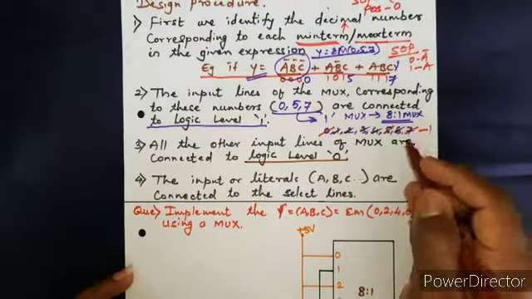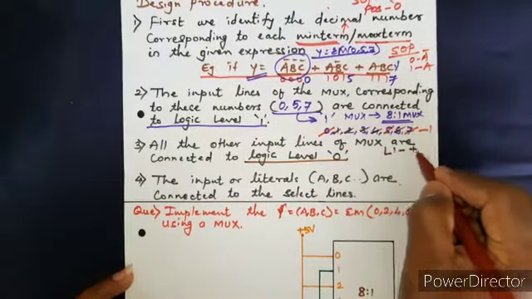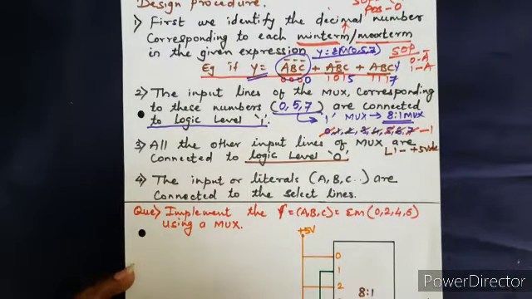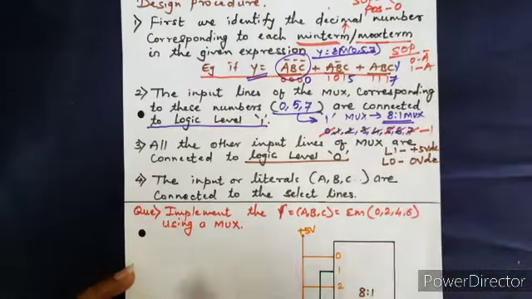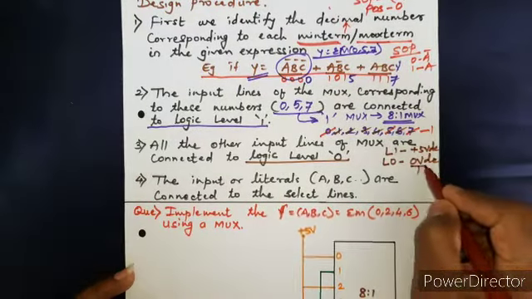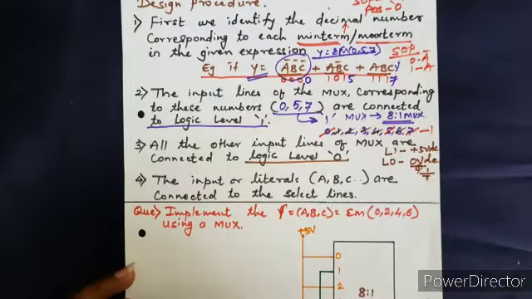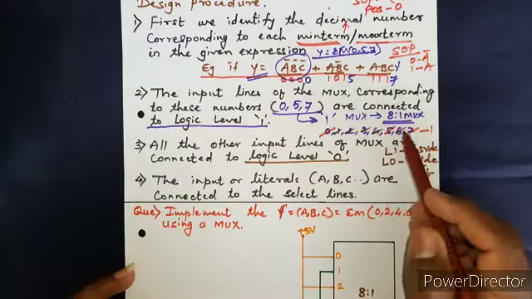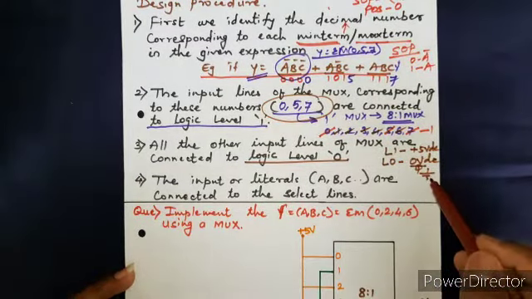One more thing to recall: logic 1 means plus 5 volt DC, and logic 0 means 0 volt DC, or grounded. So all other inputs except these are connected to logic 0, or grounded.